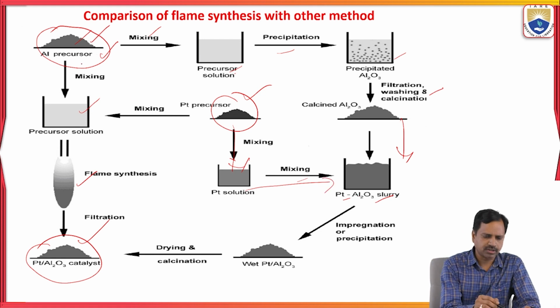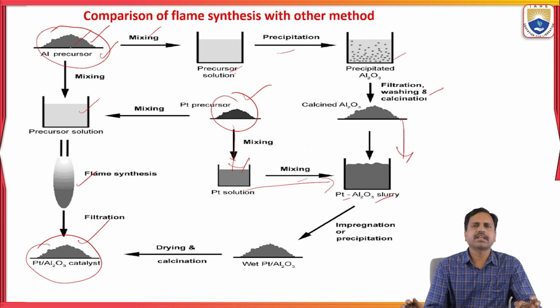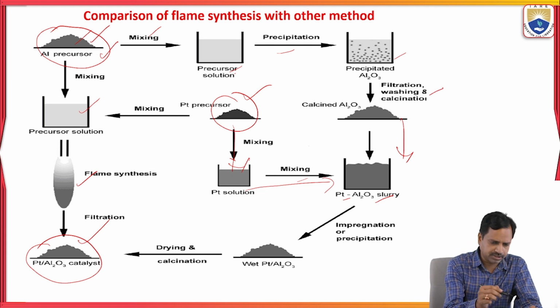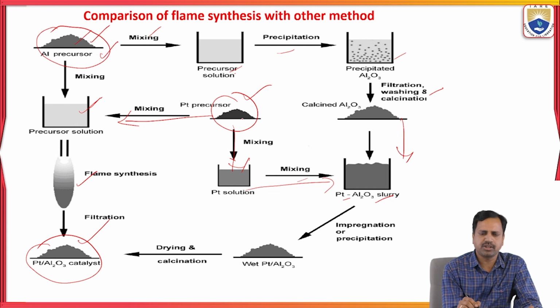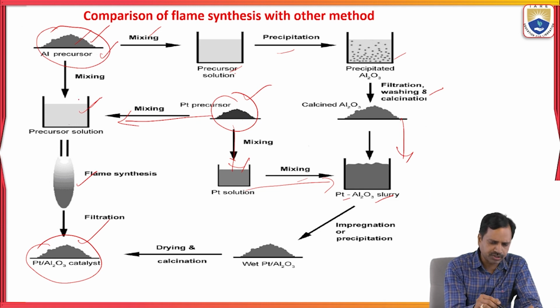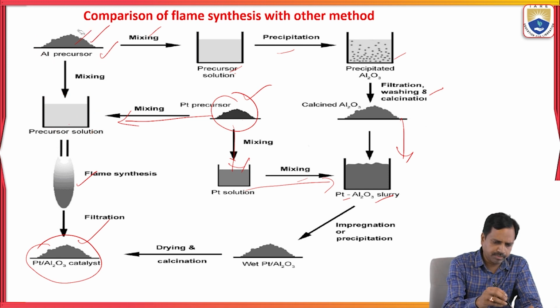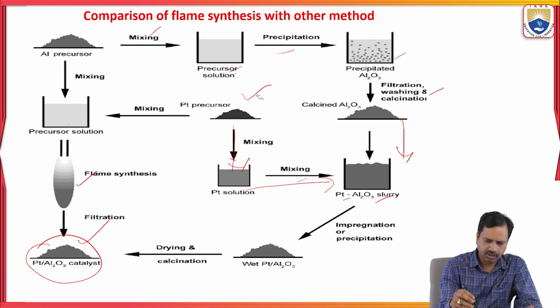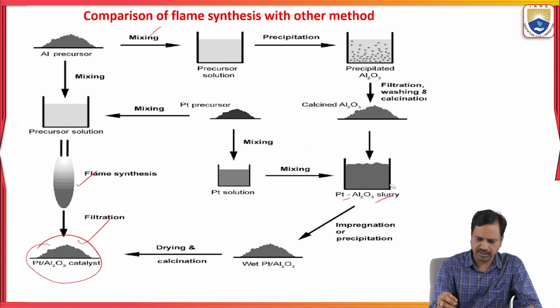So there are two ways. Directly we'll take the precursor here and mix in a suitable solution, and from this side platinum will be taken in a suitable solvent, and platinum and aluminum mixed here, and it will be synthesized.